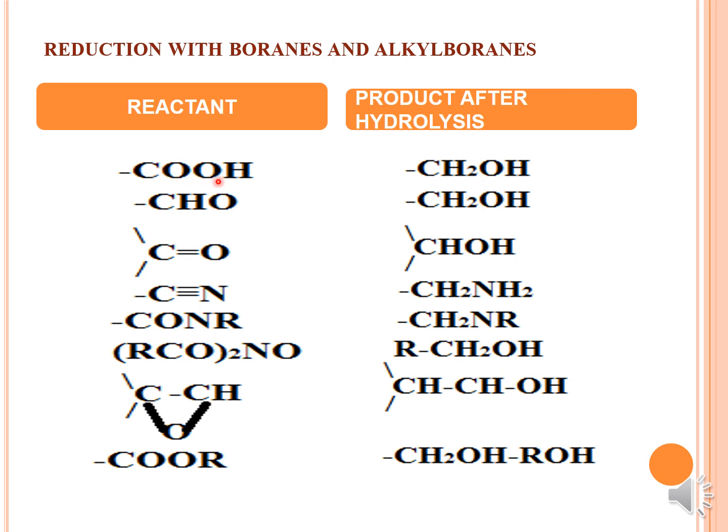The carboxylic acids will undergo reduction to give you CH2OH, aldehydes again to CH2OH, ketones to CHOH, nitriles to amines, and amides CONR to CH2NR, and then nitroso compounds to alcohols, and the epoxides again form alcohol products, and esters also give you alcohols.